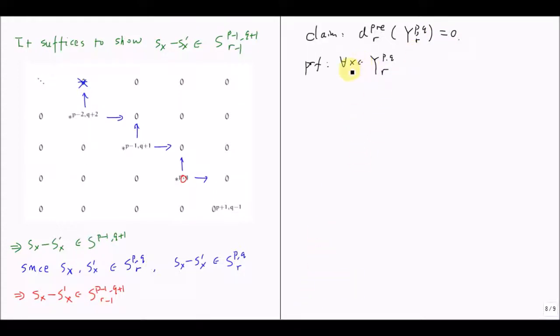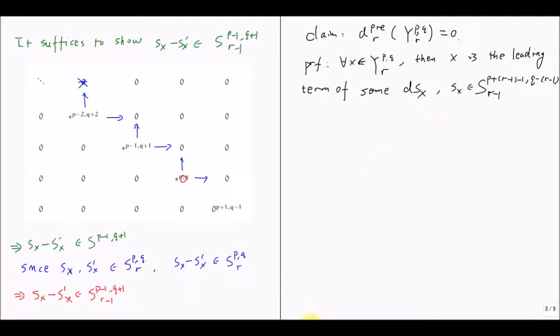Then x will be the leading term of some d of s_x, where s_x is an r-1 strip.